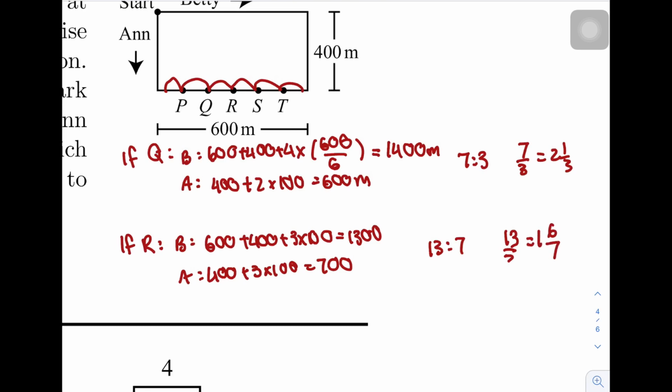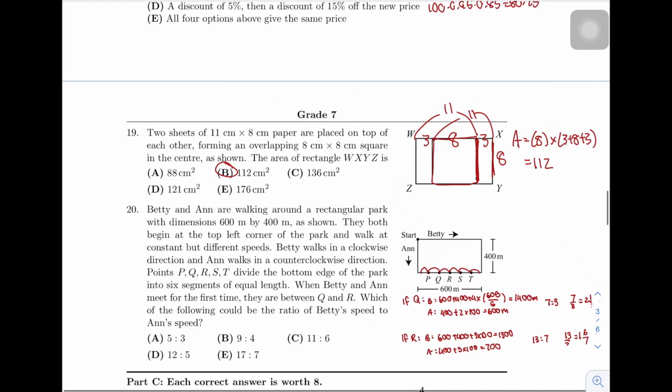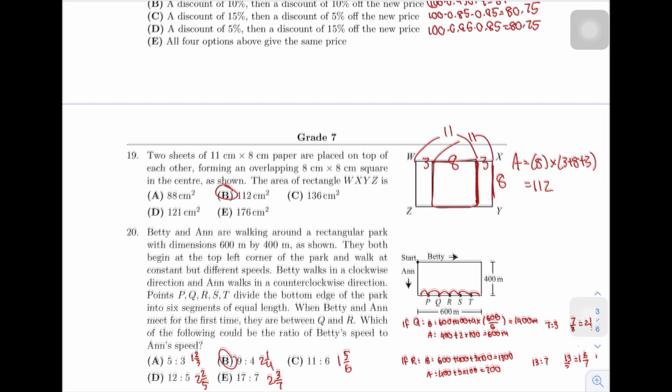So we want to find a ratio that is between these two. So if we look at the answers, 3 over 5 would give me 1 and 2 over 3. 9 over 4 would give me 2 and 1 over 4. 11 over 6 would give me 1 and 5 over 6. 12 over 5 would give me 2 and 2 over 5. And 17 over 7 would give me 2 and 3 over 7. So if you look, B, 2 and 1 over 4, is the only one between 2 and 1 over 3 and 1 and 6 over 7.